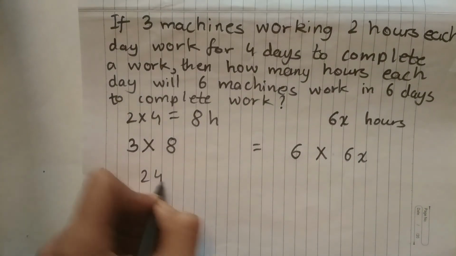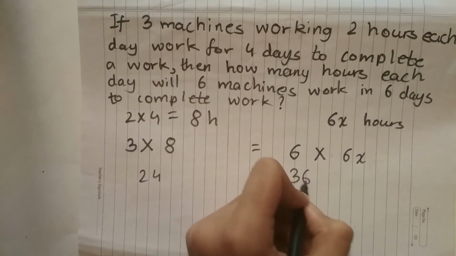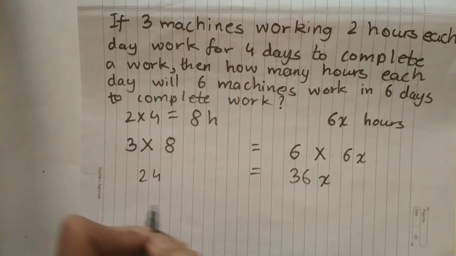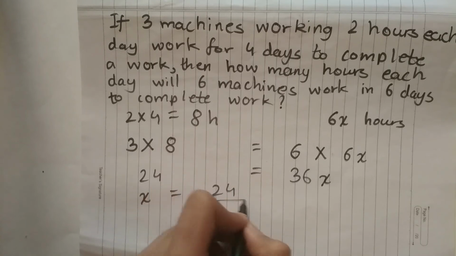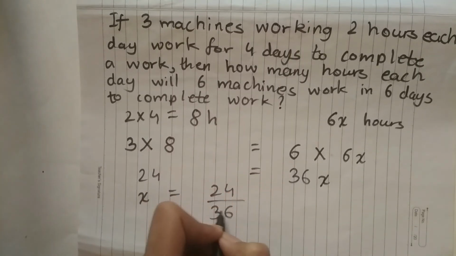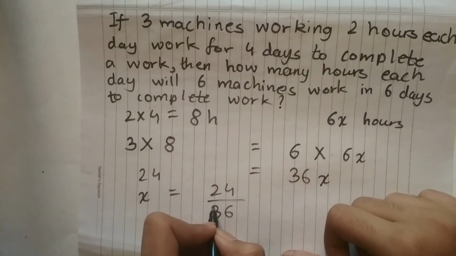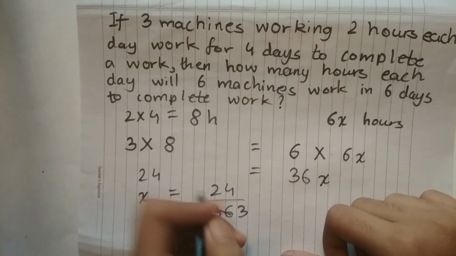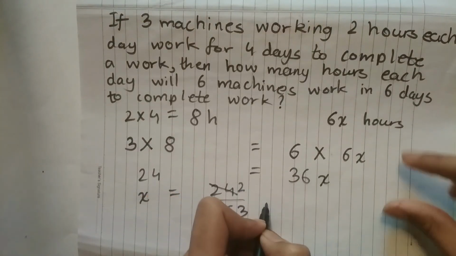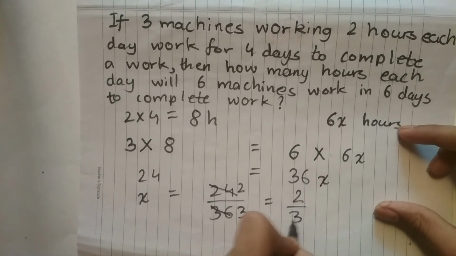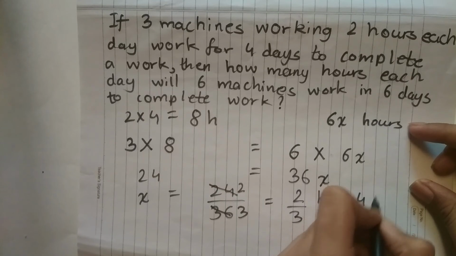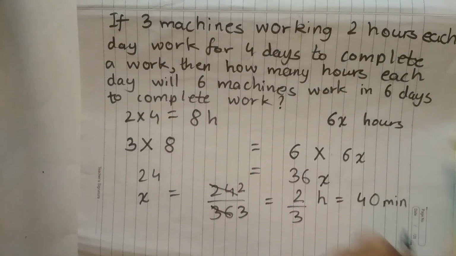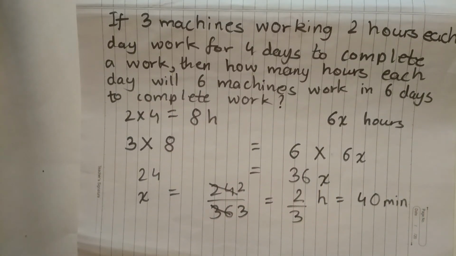So 24 equals 36x, and to find the value of x we divide 24 by 36, which is 12 2s and 12 3s, so 2 upon 3 of an hour, and we can even simplify this as 40 minutes. So 6 machines working 40 minutes each day can complete the same work in 6 days.